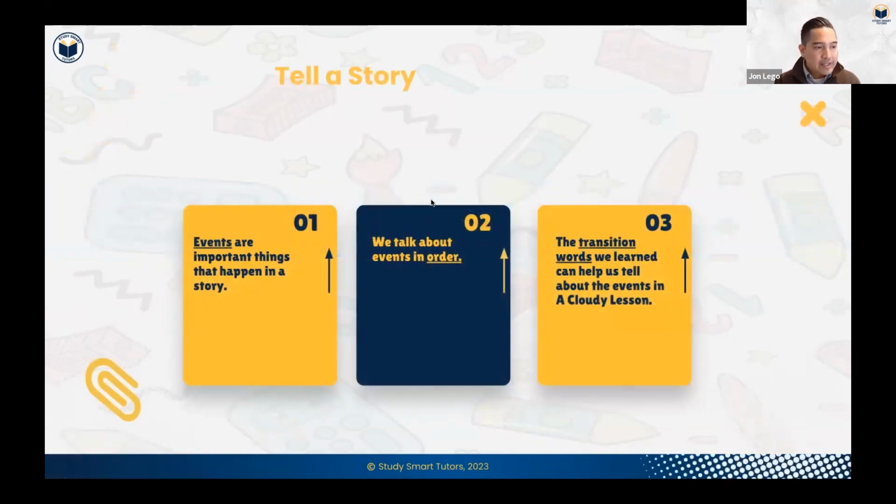1, events are important things that happen in a story. 2, we talk about things in order. 3, often there are transition words that we use to help us tell about those events in a particular story. In this lesson, we have a video called the Cloudy Lesson. We're not going to look at that today, but it's really to get them to think about organization of their thoughts.